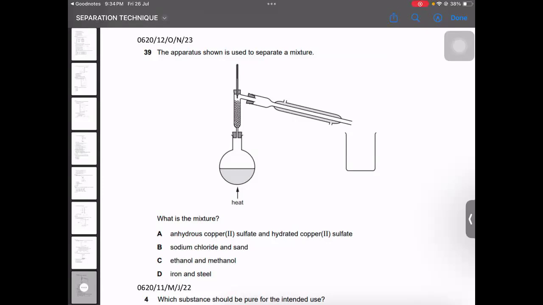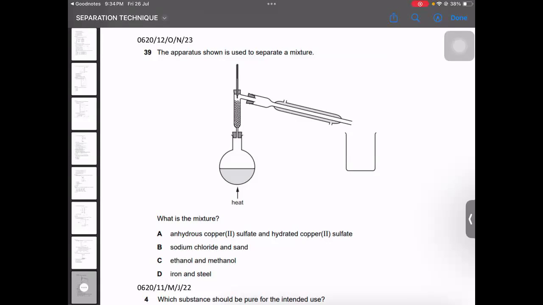Methanol has a lower boiling point, ethanol has the higher boiling point. So obviously methanol would boil first and convert into vapors.